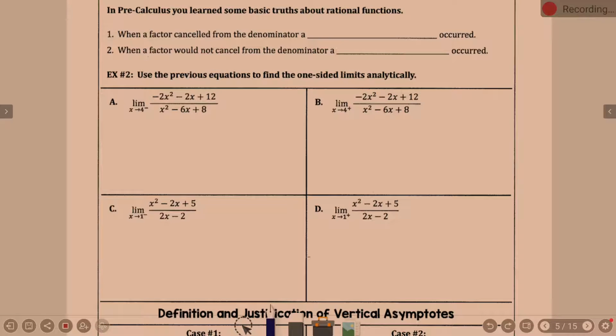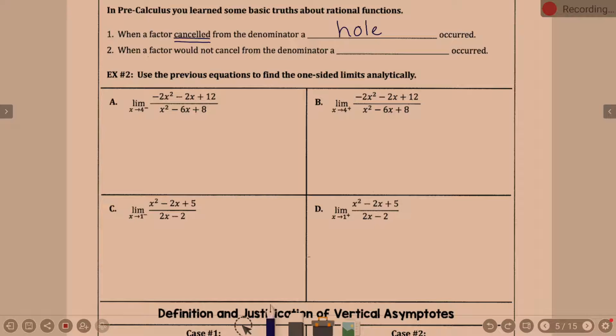In pre-calculus, you learn some basic truths about rational functions. When a factor canceled from the denominator, a what occurred? A hole occurred. Watch the keyword here.